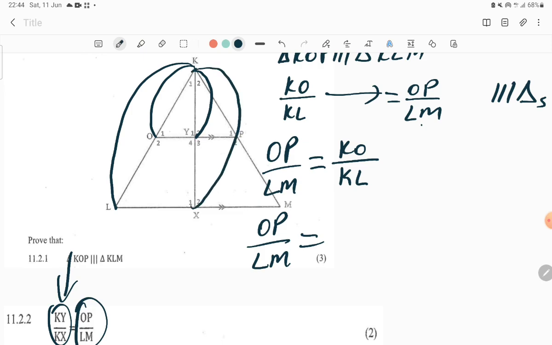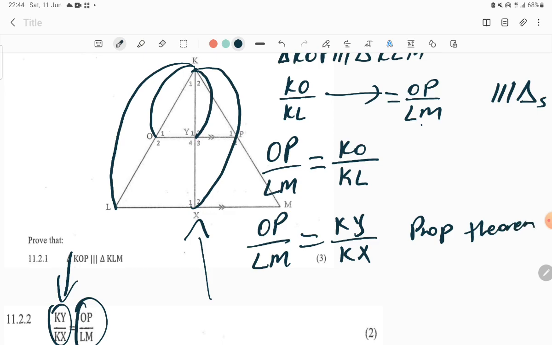This is what we have. So it is equal to KY over KX. And you can see that we went to our diagram using proportionality. So you can just say proportionality theorem. So we have done our proof.